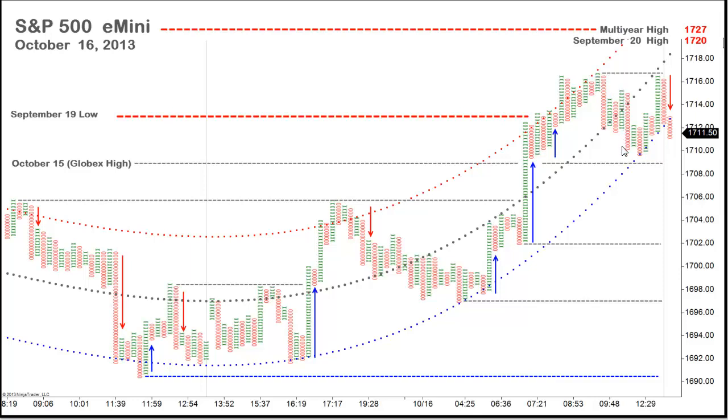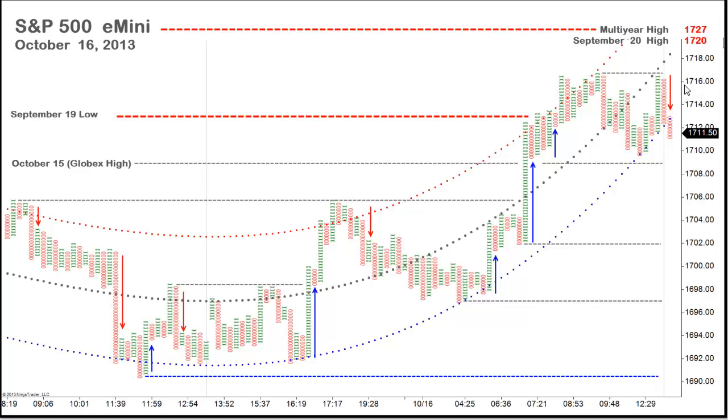The market made a modest pullback and auctioned back down at or near the previous day's high at 1709 and auctioned back up to today's high at 1716 into the close.